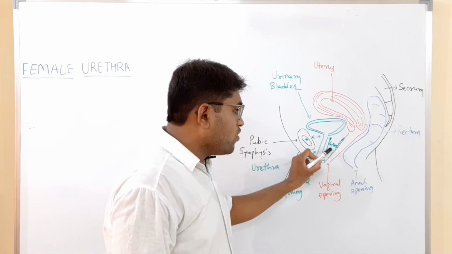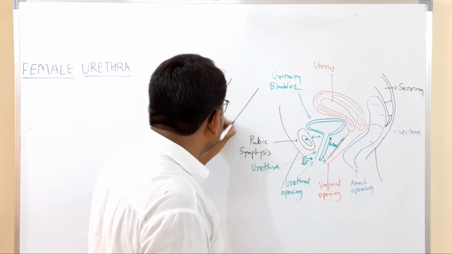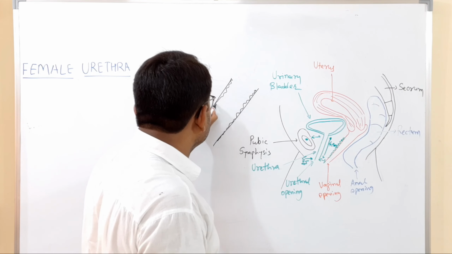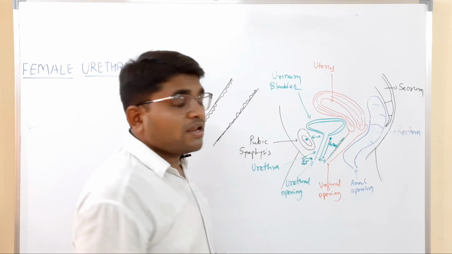Here we can assume an anterior wall and a posterior wall, with the urethral crest present in both. Mostly the anterior and posterior walls are slit-like, and they dilate only at the time of urination. The external urethral orifice is also like a vertical slit.